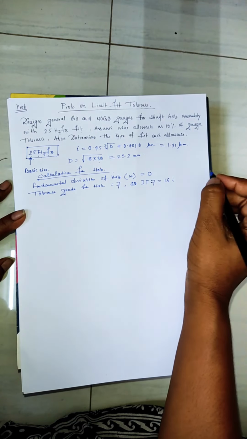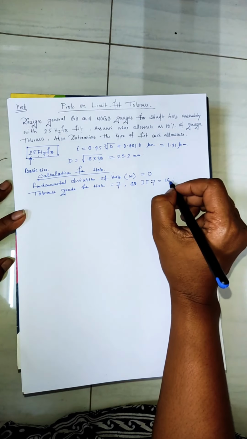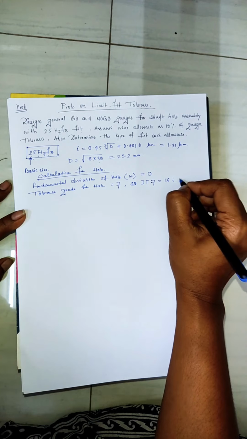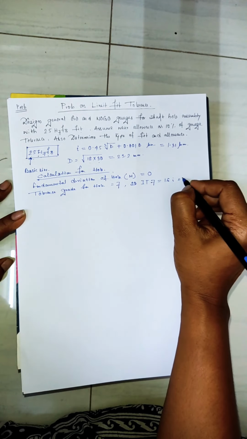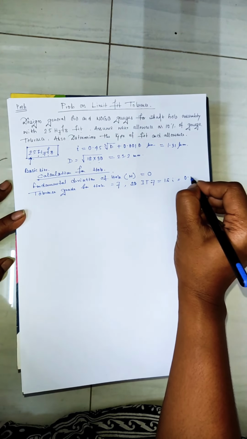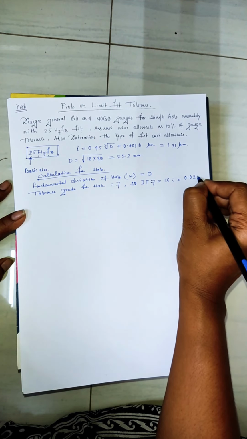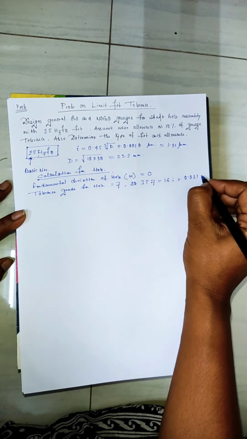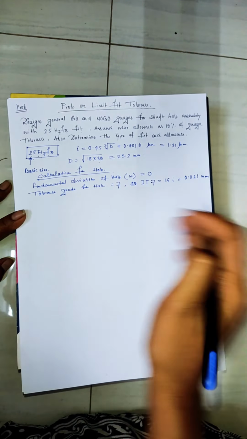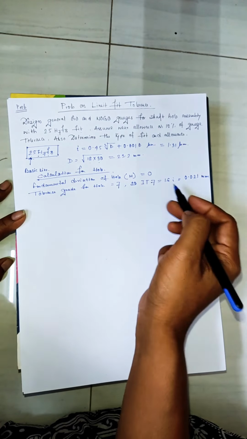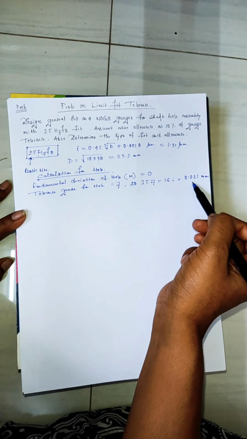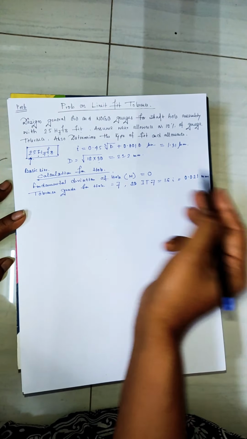This value is already given. So IT7 is equal to 16i, and i is already calculated. So 16i after calculation is 0.021 millimeter. Clear? So from micrometer, divided by 1000, we get 0.021 millimeter.